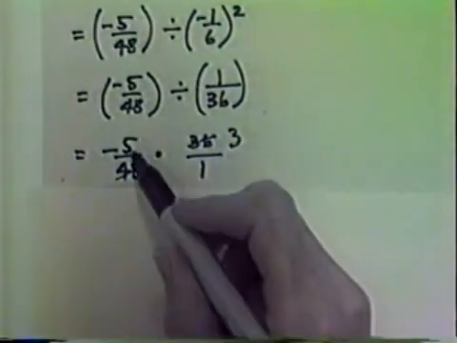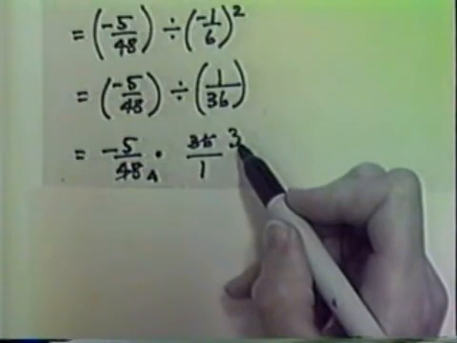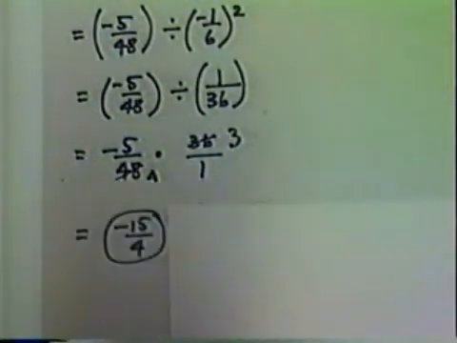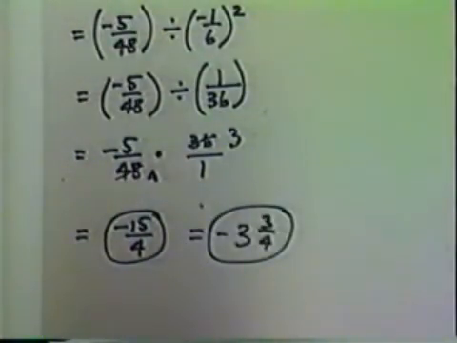And so we multiply negative 5 times 3 to get 15, and 4 times 1 to get 4. That means our result is negative 15 over 4. Once again, we have an improper fraction, and if you prefer to write a mixed number, you can write negative 3 3/4.